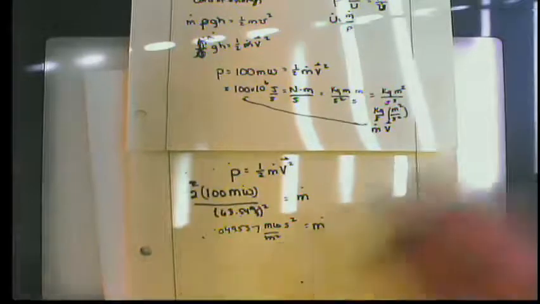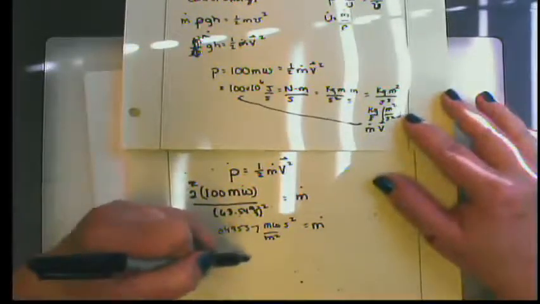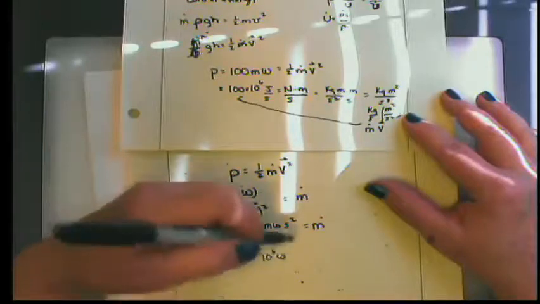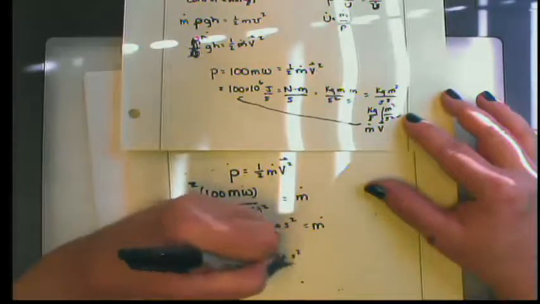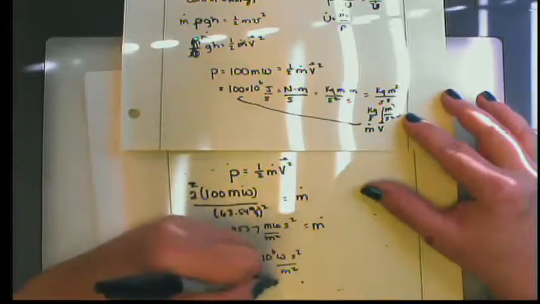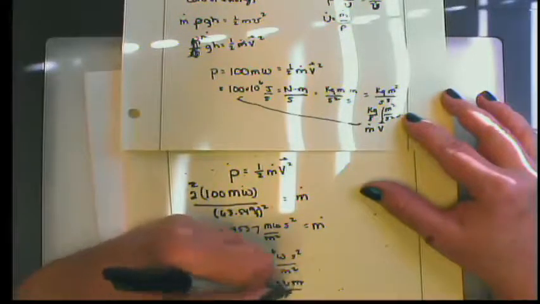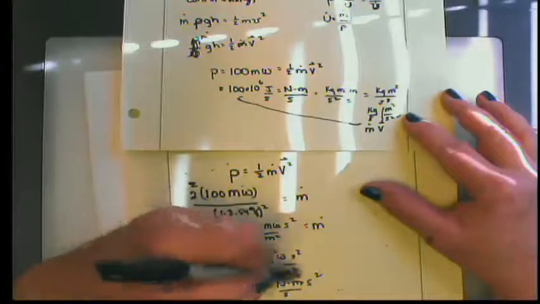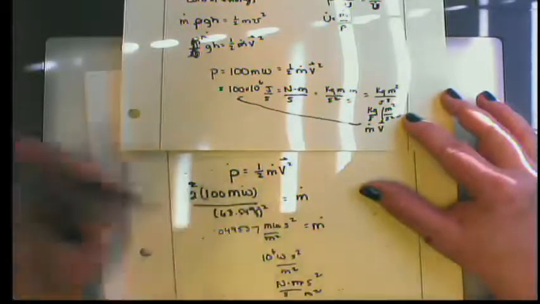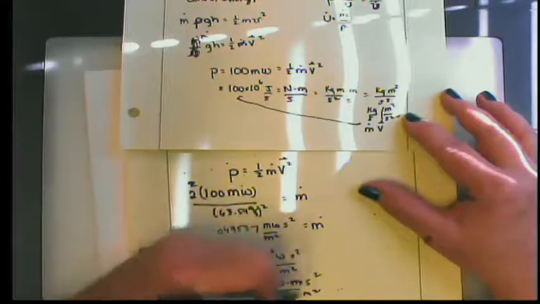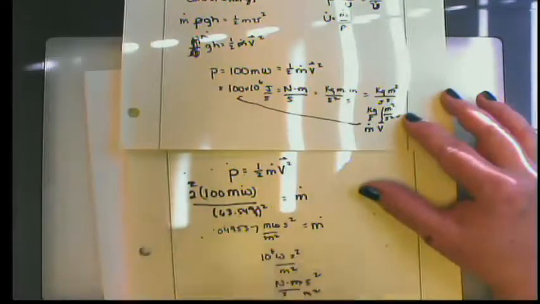Okay, so now we just need to resolve this unit. A megawatt is 10 to the 6th watts. A watt is a Newton meter per second. Yeah, here we go. This is what I want to avoid doing.